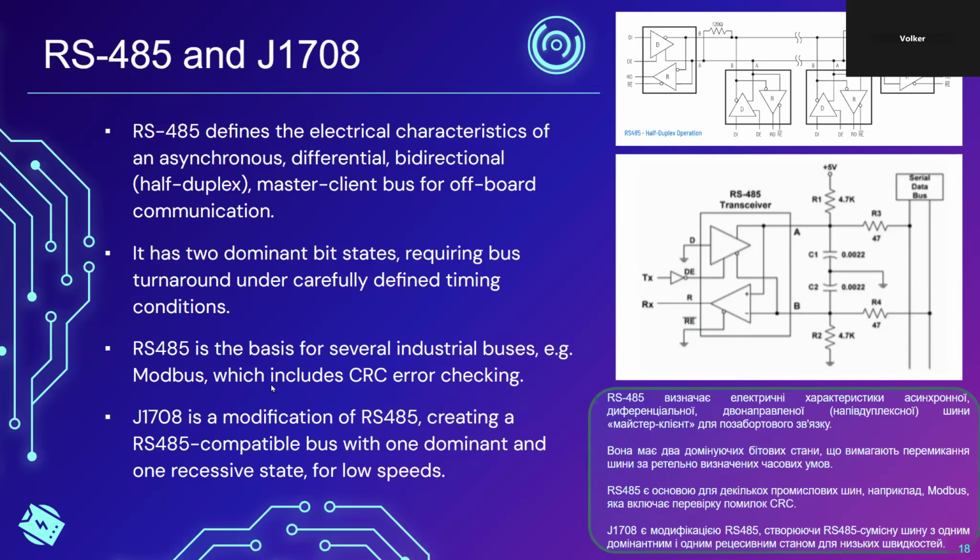What they did in J1708 is they are using the transceiver's transmitter enable line to actually transfer the data. You see this little inverter symbol that is right next to the TX line. That used to be an actual inverter that the circuit designer had to implement there.